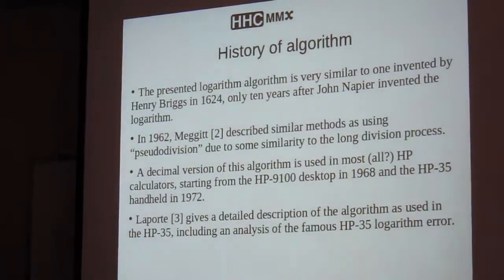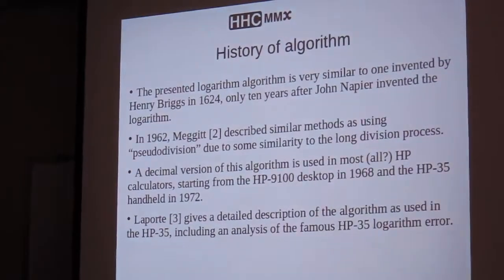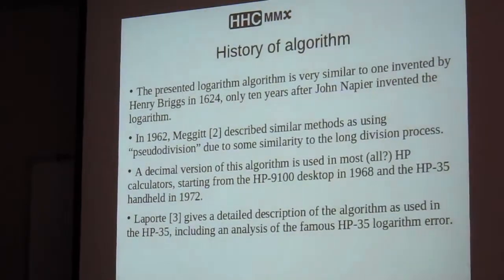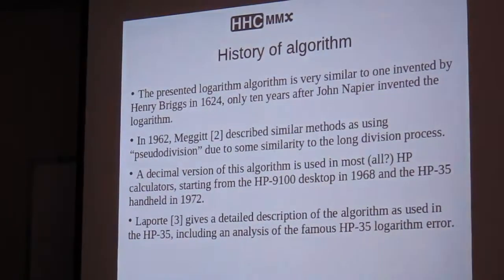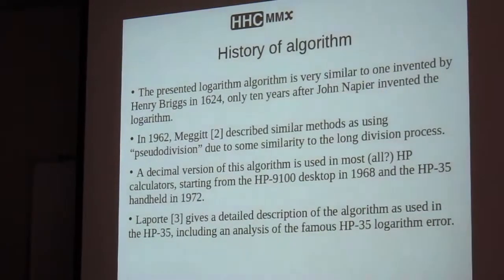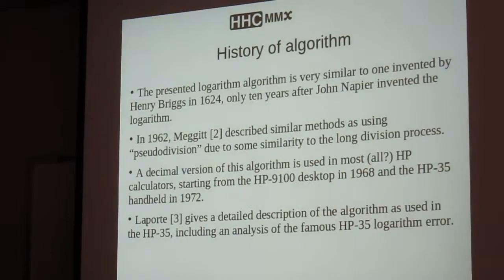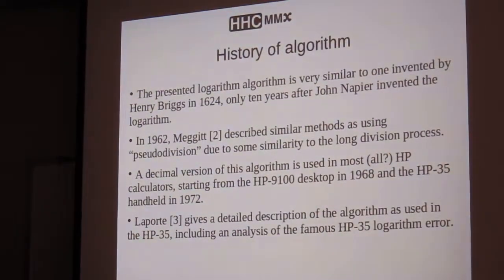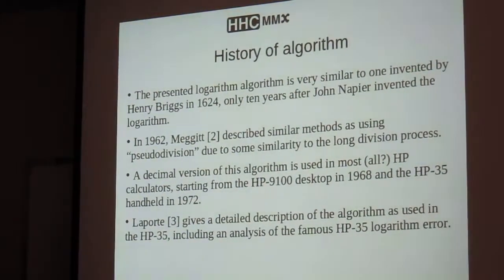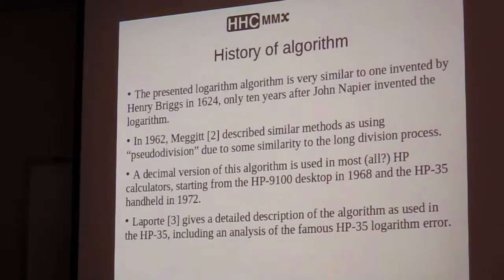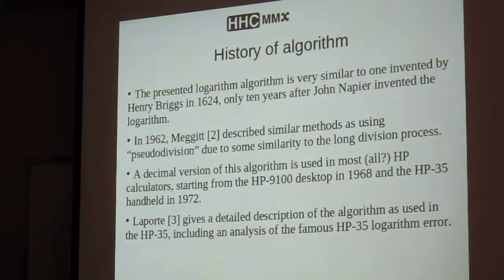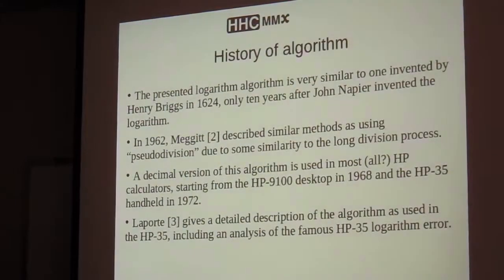The logarithm algorithm of the two that I presented here is very similar to what was invented by Henry Briggs in 1624 that he used to produce tables, only 10 years after the logarithm was actually invented. In 1962, Meggitt at IBM proposed doing this in a similar fashion. He called the iteration pseudo-division because it has some similarity to the long division process.